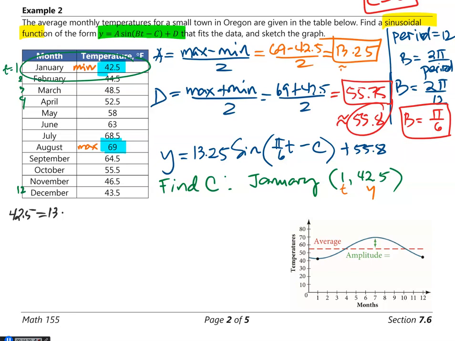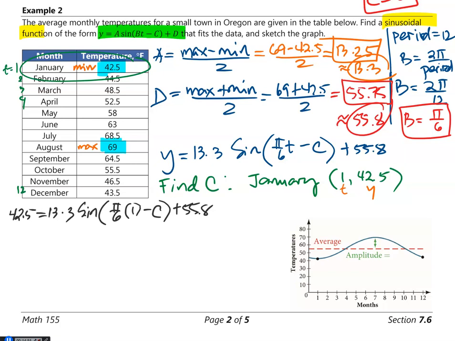So let's use approximately 13.3. So let's change this to 13.3. So 13.3 sine of pi over 6 times t, where t is 1, minus c plus 55.8.